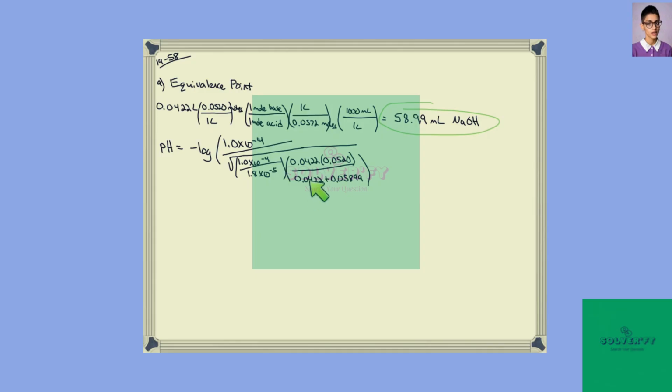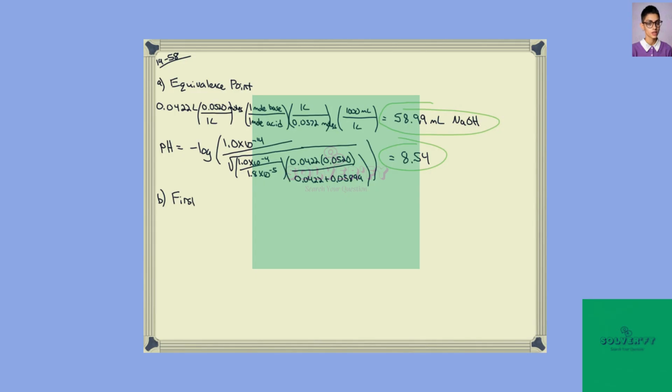The new volume being the 42.2 milliliters, or 0.0422 liters, plus the equivalence point volume, 58.99 milliliters, or 0.05899 liters. So this is the weak base concentration, this is Kb. If we multiply them together and take the square root, this is hydroxide. We divide hydroxide into Kw. This gives us the hydronium concentration. We take the negative log of the hydronium concentration and we get pH, 8.54.